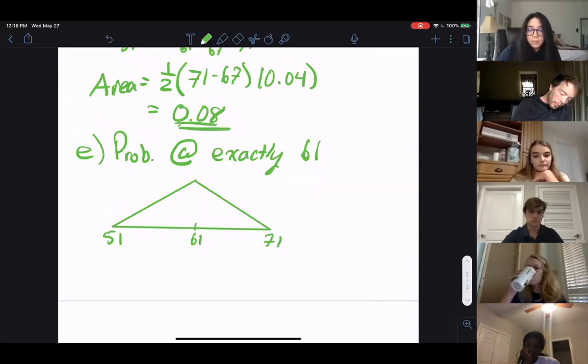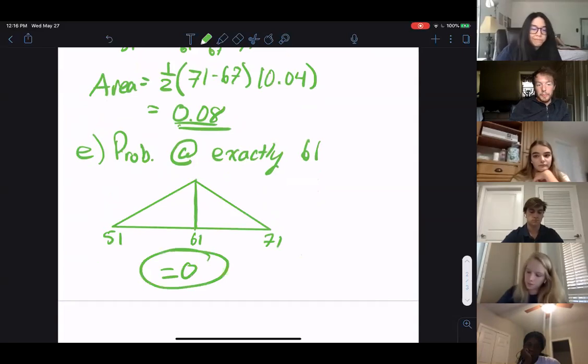So the probability at a point is just a straight line, and the area of a straight line is equal to 0. Just like any density point, the probability of a single point is 0. It is only meaningful to talk about ranges of probabilities, because otherwise we can't get our area under the curve calculation.